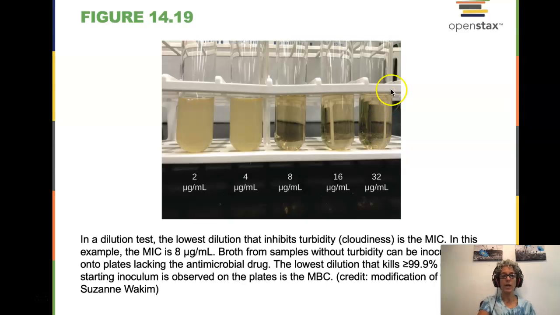We incubated overnight, and what it looks like is that 8 micrograms per mil is the minimum concentration that inhibits microbial growth, because we don't see any turbidity. The next step would be to take a loop from that tube and streak it onto a plate and see if there's anything in there. But this at least is the minimum concentration to inhibit, the MIC, minimum inhibitory concentration.